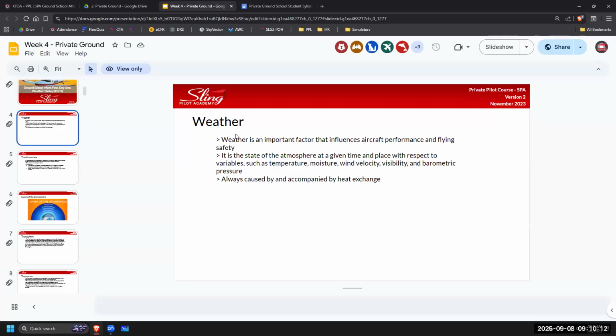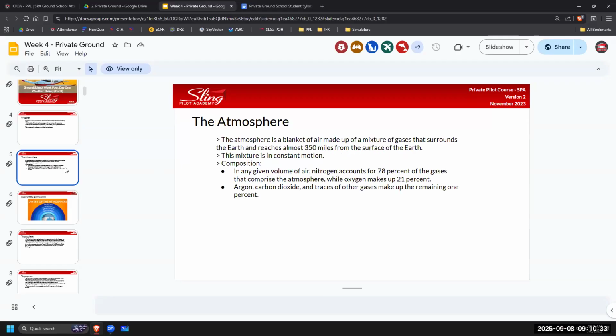And then the rest of this is self-explanatory. The state of the atmosphere at a given time, such as temperature and moisture and wind and visibility and pressure, all have influence on aircraft performance and flying safety, but weather is always caused by and accompanied by a heat exchange.